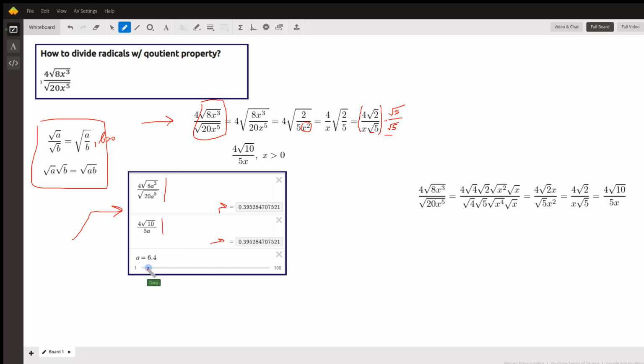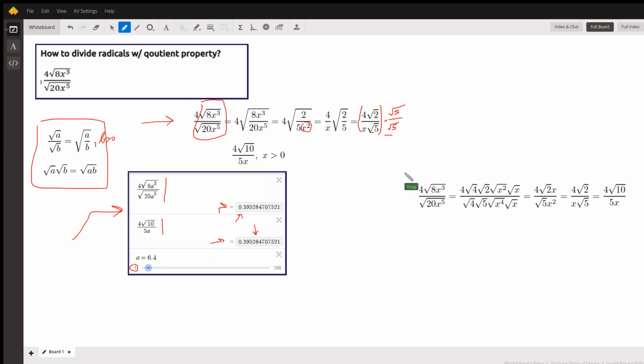And if you go to Desmos and use this slider on a, you'll see that these two decimal evaluations are always the same. So those two algebraic expressions have identical values. I've set a starting at 1. You could have a number less than 1 but greater than 0.